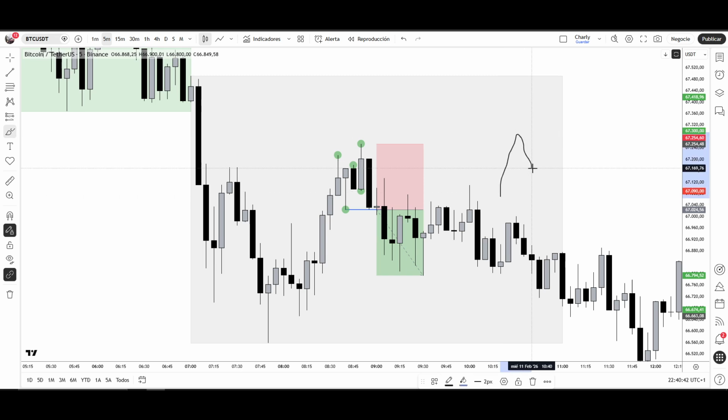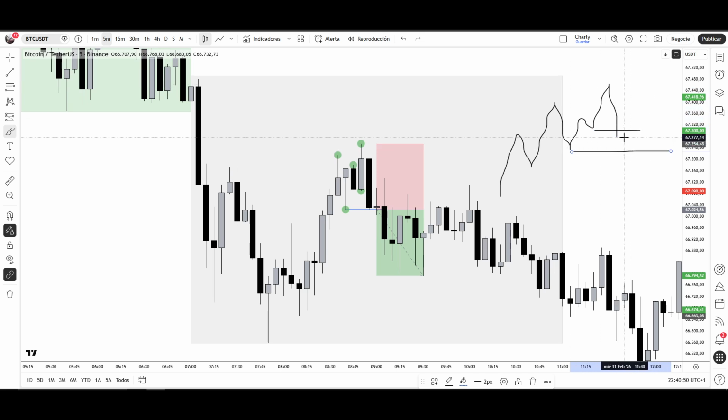If the low relevant BOS happens before the open, the relevant BOS is still valid after the open. That's key. So in this case, we have the low relevant BOS happening at 8:55. Then the 9 a.m. candle happens right here doing the BOS.